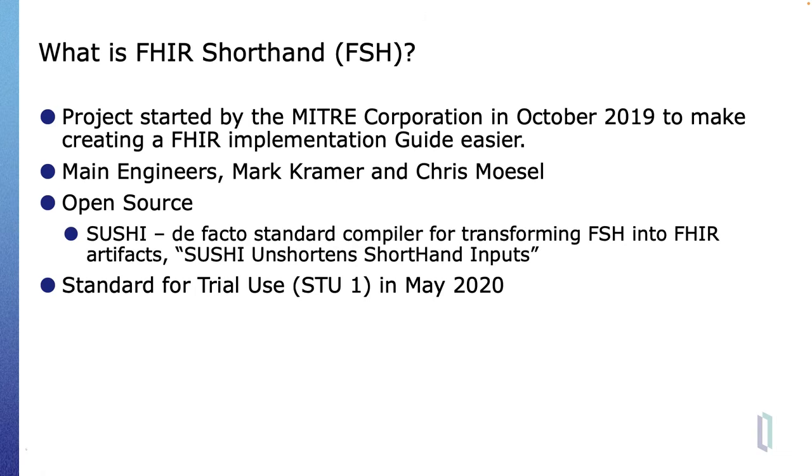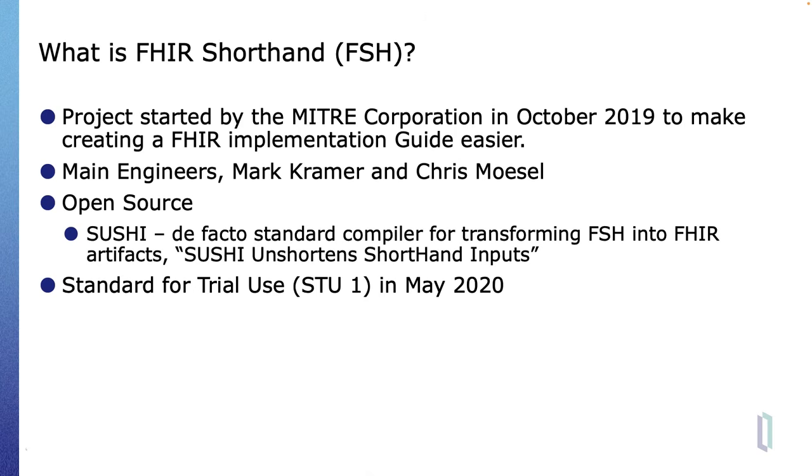FHIR Shorthand provides a human-readable and expressive language for defining profiles, extensions, and other FHIR artifacts. It simplifies the process of creating structured FHIR artifacts, making it easier for domain experts and implementers to specify how FHIR resources should be used in specific contexts.